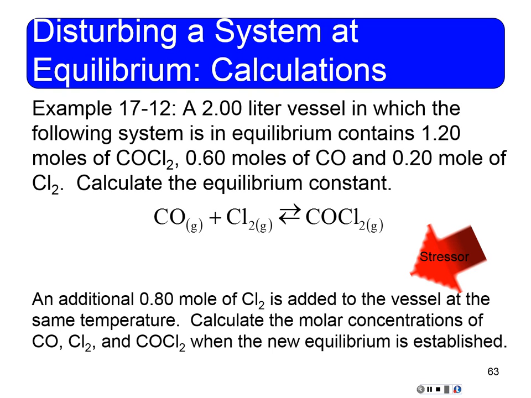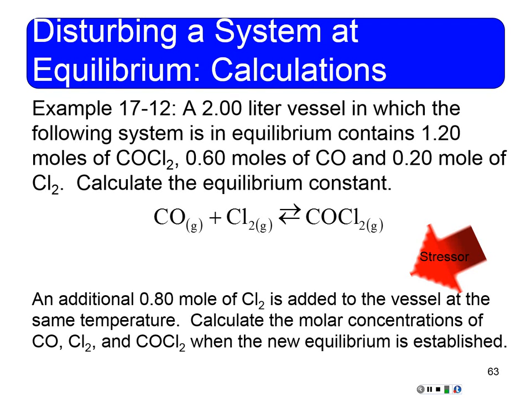Okay, you know you're going to have new initials, but this time it's a little different. You didn't change everything, right? When we did the volume, we doubled or halved all of our concentrations. Well, here, the only thing that we're changing is the concentration of chlorine.